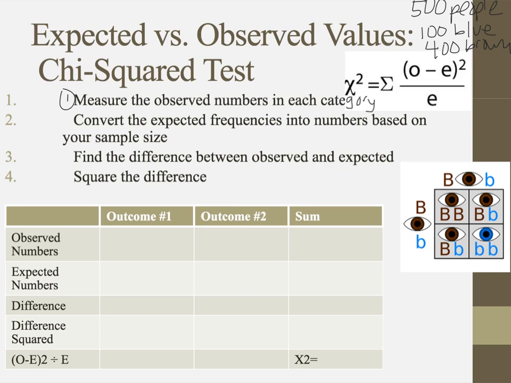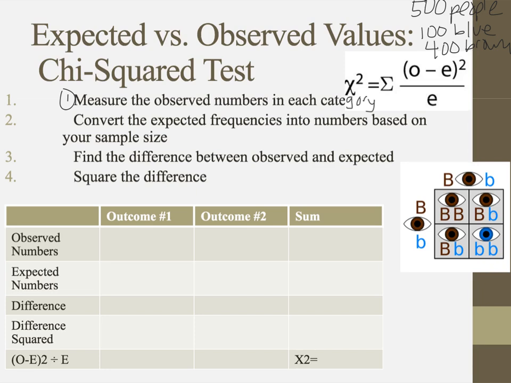So what I want to know if I'm doing a chi-square test is, is that different than what we expected? Well, to understand that, we really have to go back and think about what we expected. Here's where things like Punnett squares come in, and we're going to talk a lot about these later in the year.